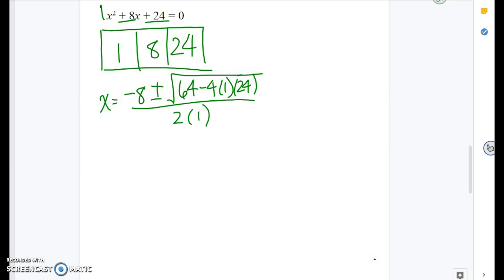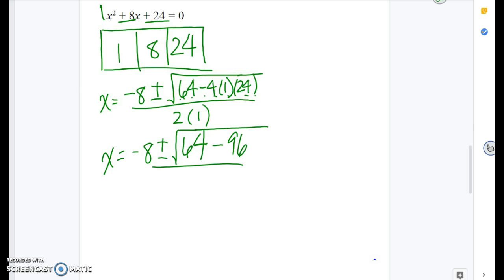So doing my discriminant now, remember the discriminant is what's underneath your square root sign. -8 plus or minus the square root of 64 minus 96, positive 96, divided by 2. Well, what happens here is this right here is negative.